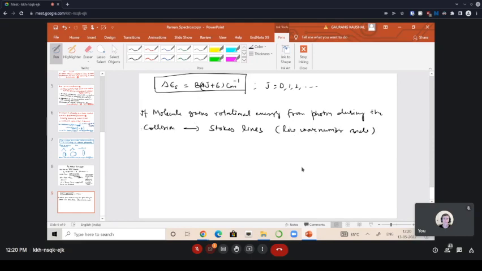And vice versa. If the molecule loses rotational energy to the photon during the collision, then there will be anti-Stokes lines.